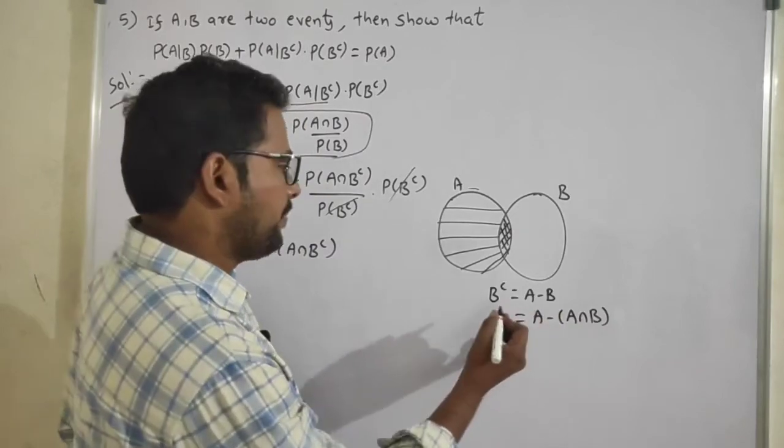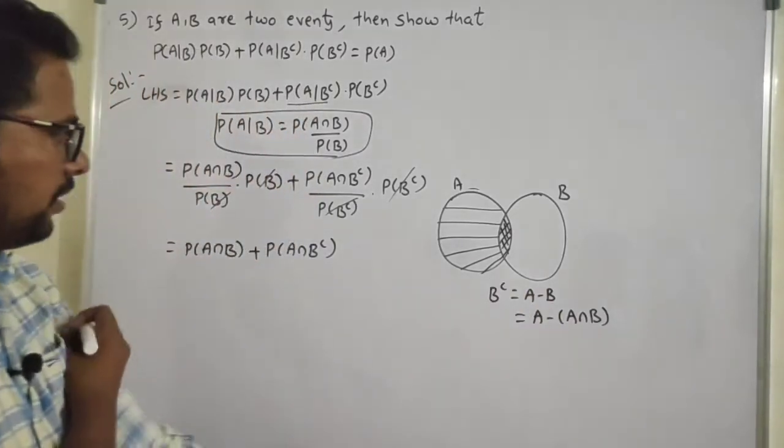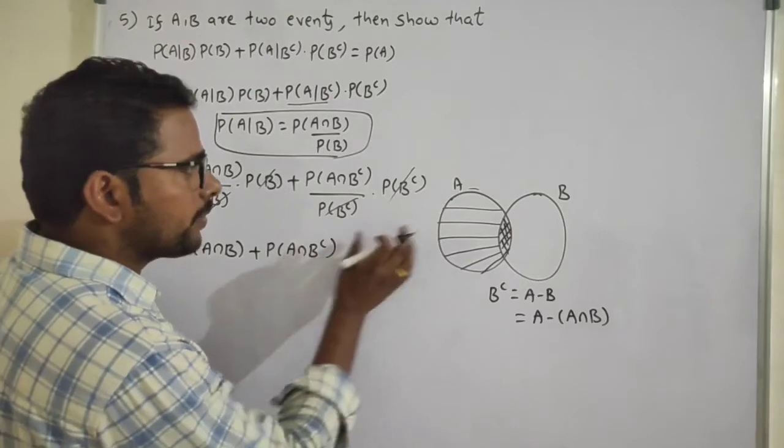So this is B complement. So A intersection B complement is equal to A minus B only.